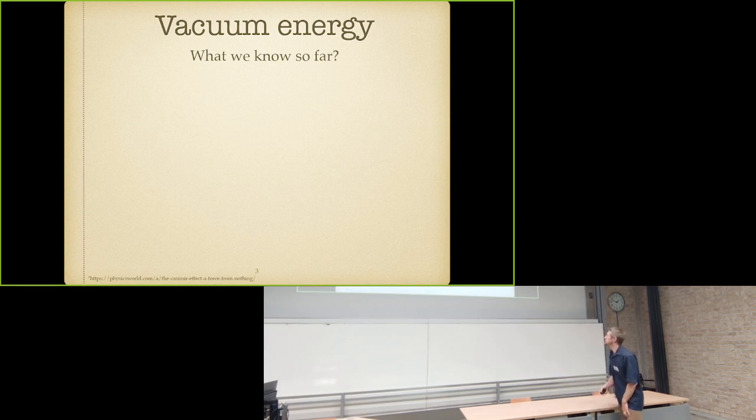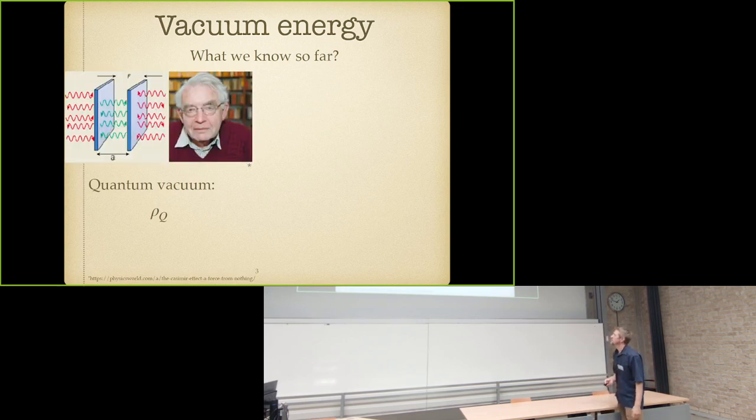So vacuum energy. What do we know so far? First of all, we think we know that there's a quantum vacuum, and the experimental evidence most famously was given here by Casimir. What you measure in the end is that you have this quantum energy and it can accelerate plates.